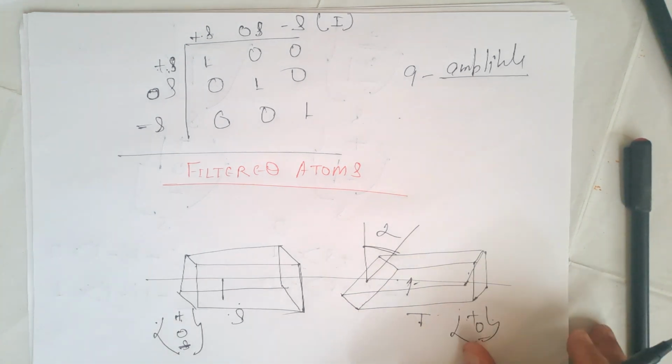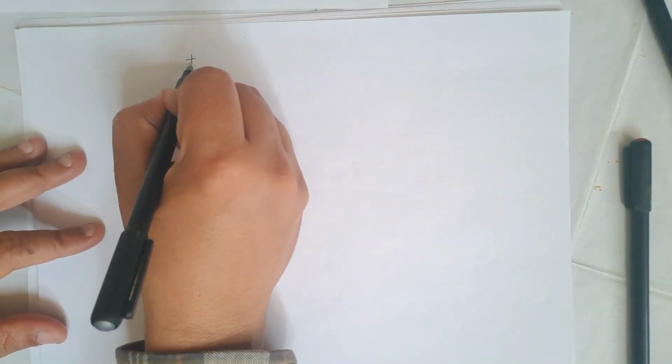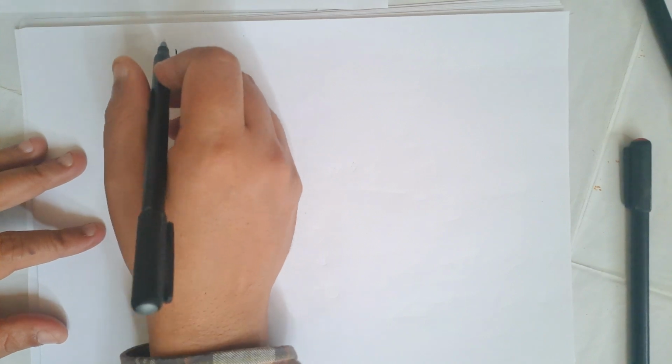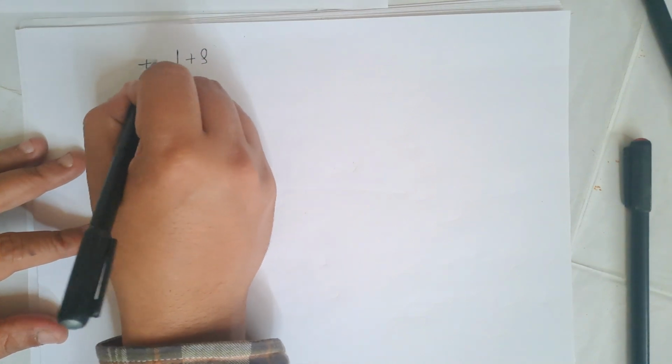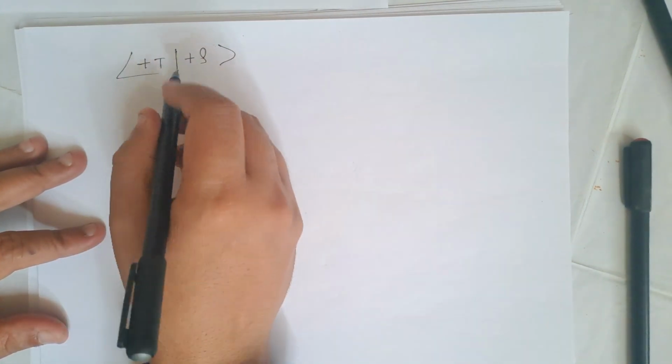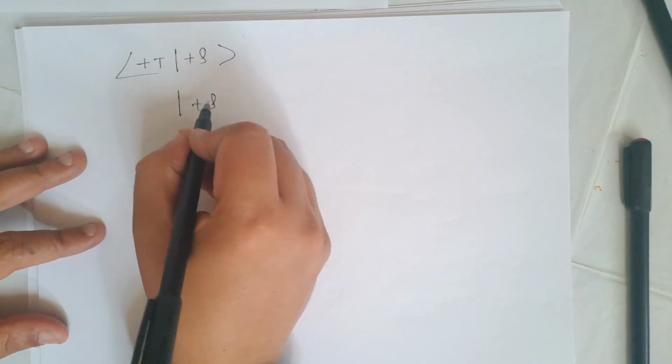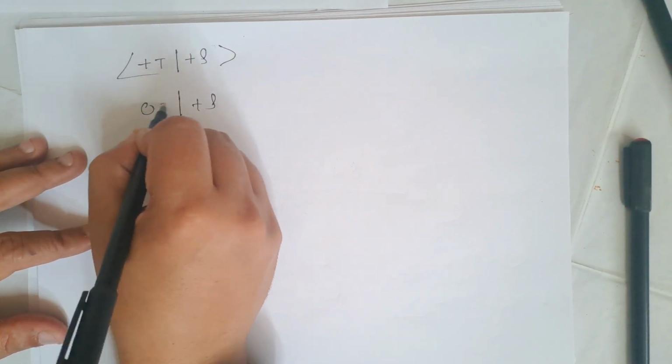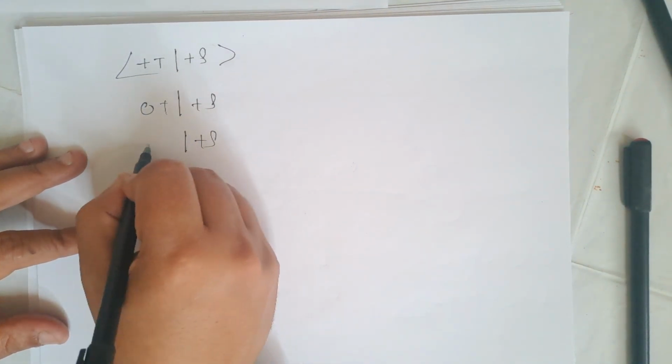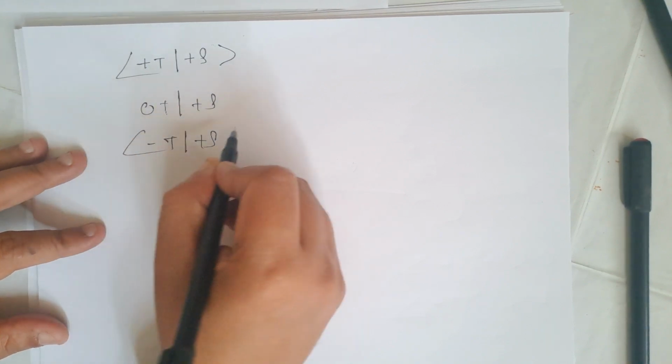Then we can say that the probability of getting plus S state into plus T state is the same as getting the probability of plus S state into 0T state and plus S state into minus T state.